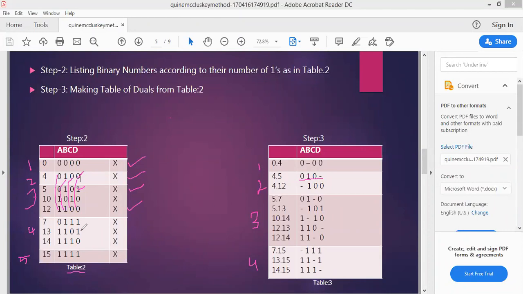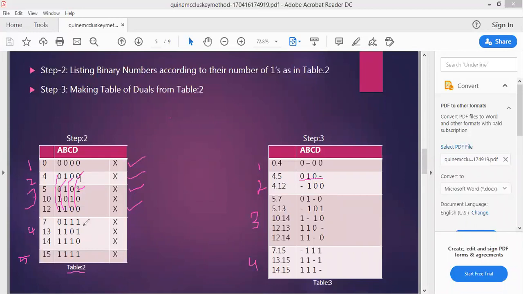That is the C bit, right? In C bit position, we have a difference. So 5 and 7 are grouped, that is 0 1 dash 1.